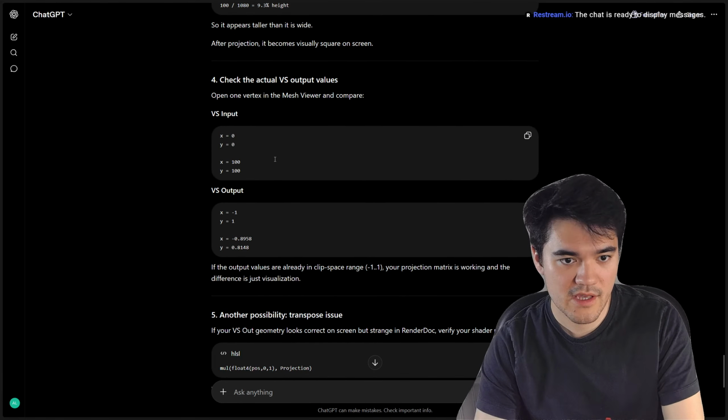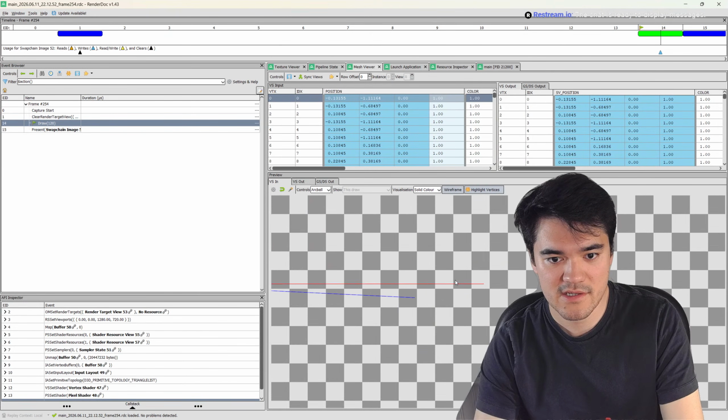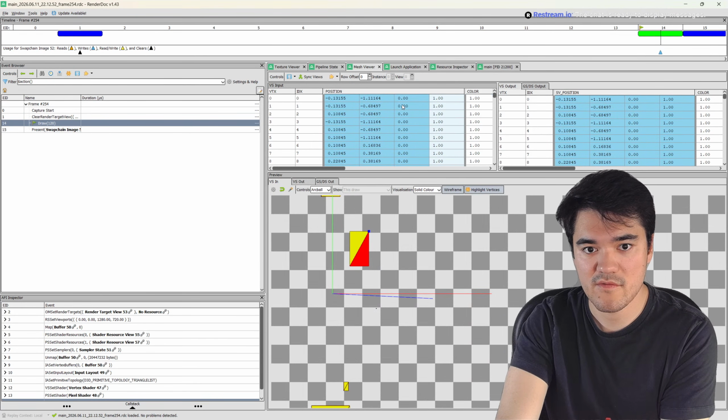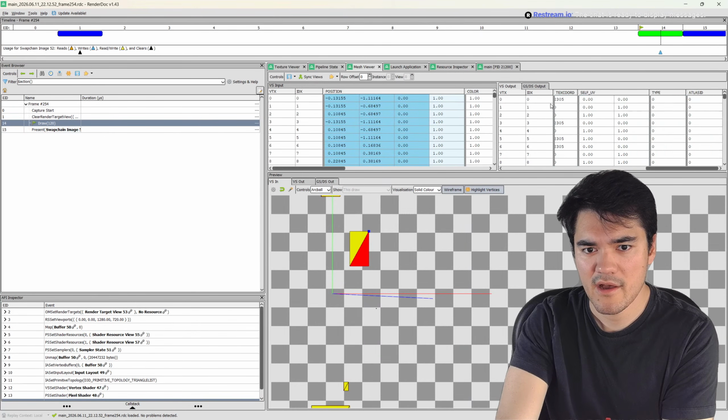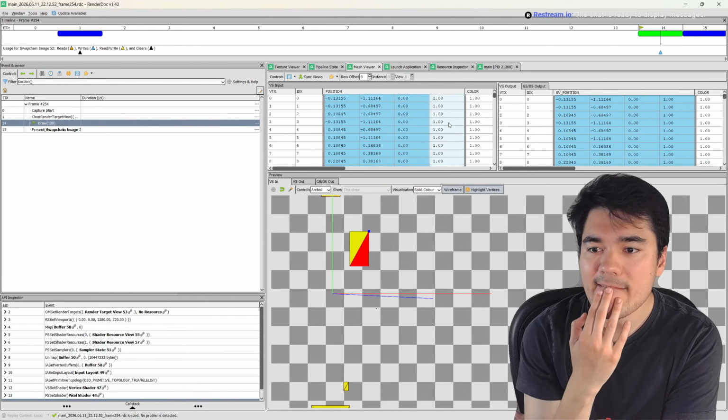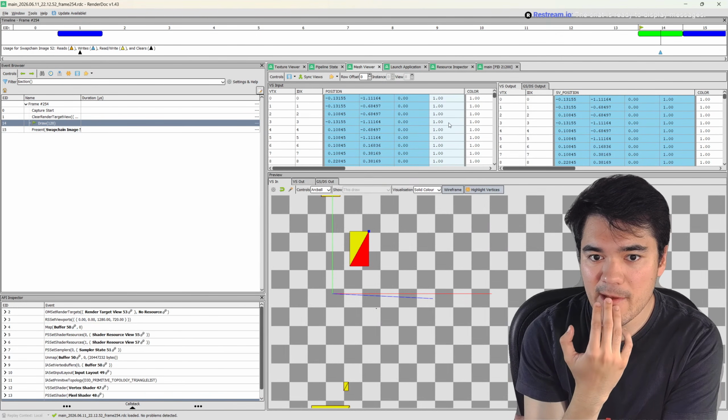Oh, okay, good idea. Open a vertex. Let's pick that one. If we look at, actually we'll just look at V1. I mean, look at that. It's the same. They are all the same.